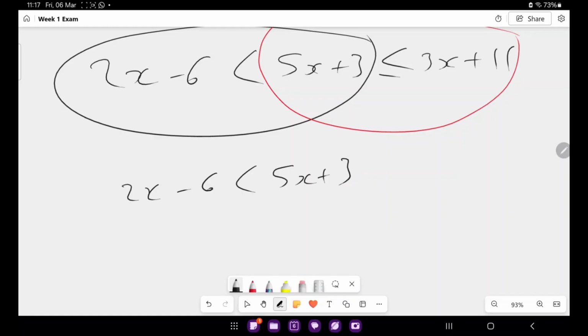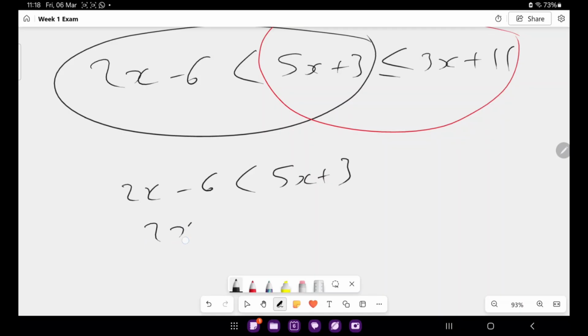So inequalities are more like an equation, but we just replace the equal sign with a less than sign or a greater than sign or greater than or equal to or less than or equal to sign. But it's more or less the same. So whatever we do in equations to find our x is the same thing that we do here.